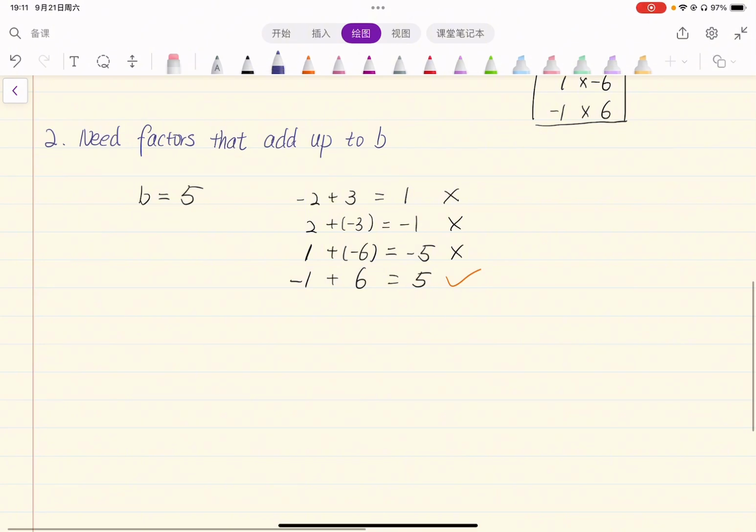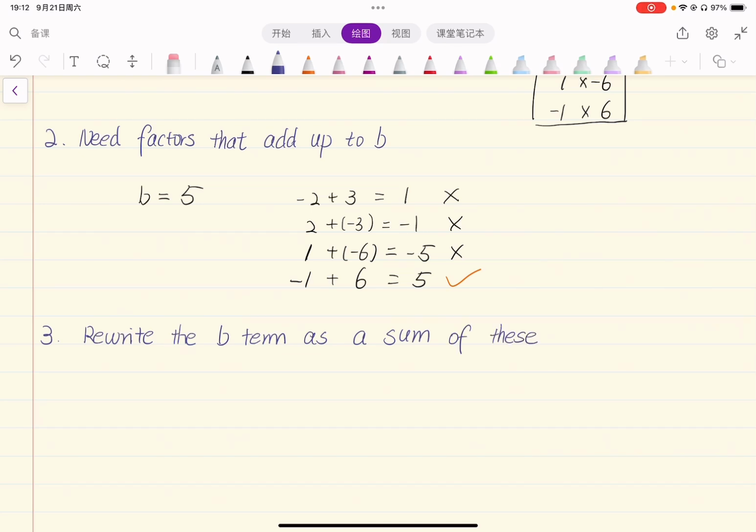Right? And then we move to the third step. So we rewrite the B term as a sum of these two factors. So what can we write?